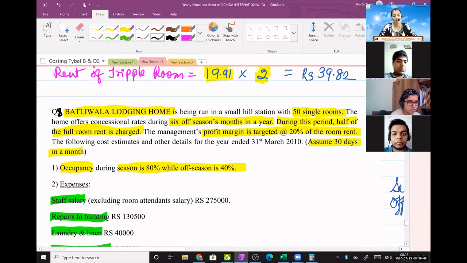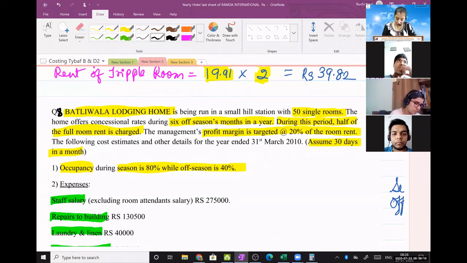It was a typo error: they have 7 twice, but this one is 8. So just go through this question. Obviously, the question is different from the earlier one. That is why I have taken it up. I never take up similar questions.